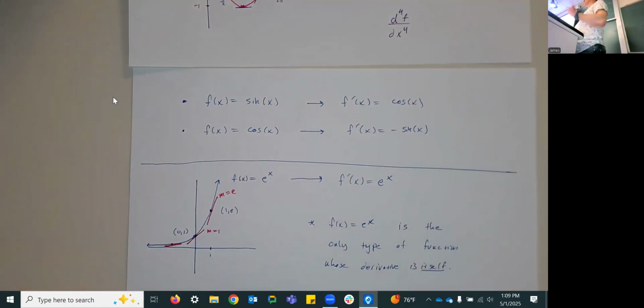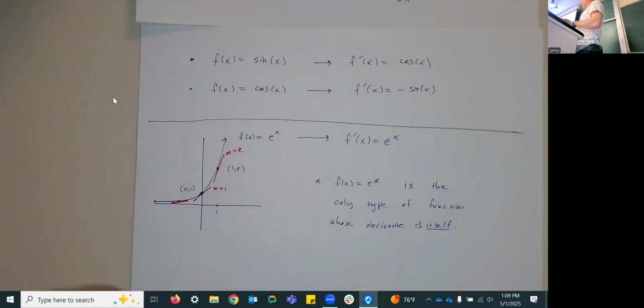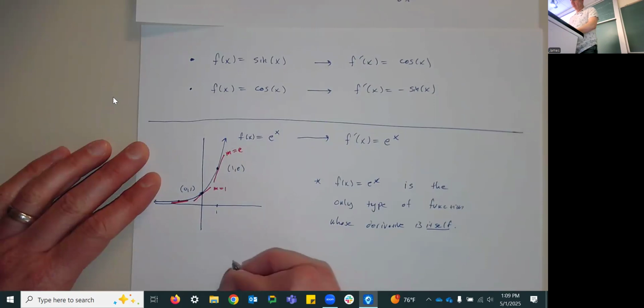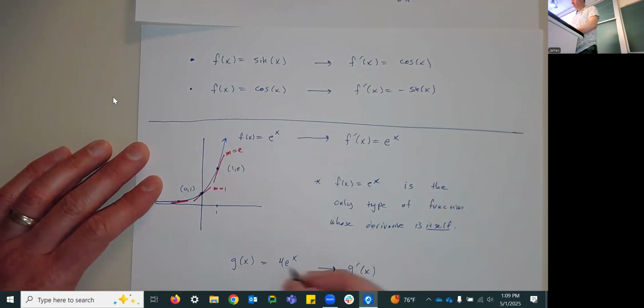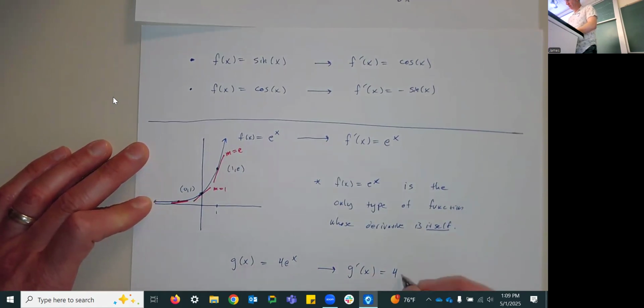The reason I say type is because you can multiply this function by any constant. For example, if my function was 4 times e to the x, then the derivative would be, well, the constant multiple hangs out, and the derivative of e to the x is e to the x.